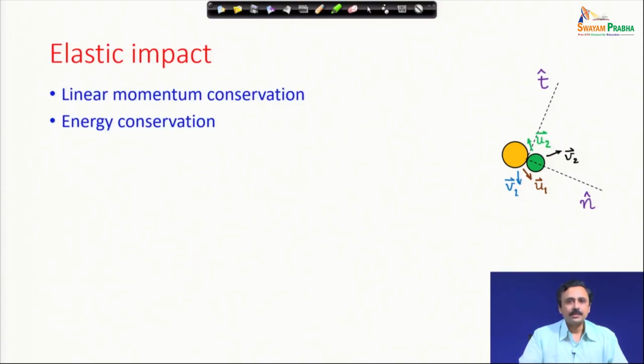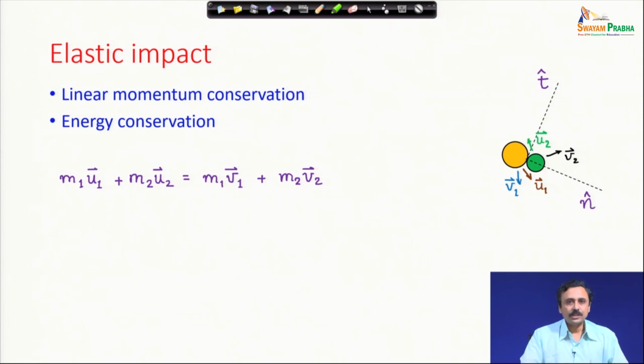These two things are satisfied for an elastic impact. First is the linear momentum conservation, and secondly the energy conservation. Let us look at the consequences of these two conservations.